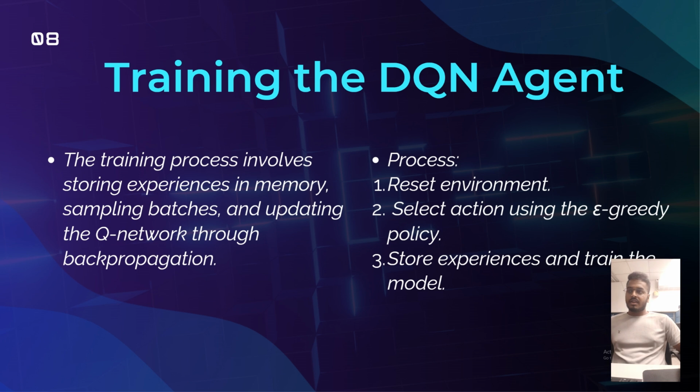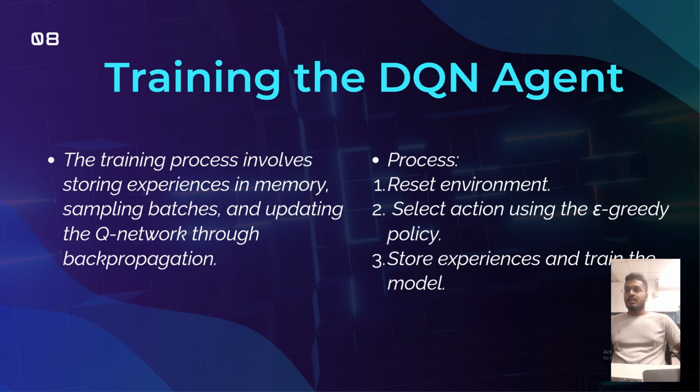The training began by resetting the environment at the start of each episode. The agent then selected an action based on the epsilon-greedy policy, balancing exploration and exploitation. Upon taking an action, the environment returned the next state, the immediate reward, and a flag indicating whether the episode had ended.